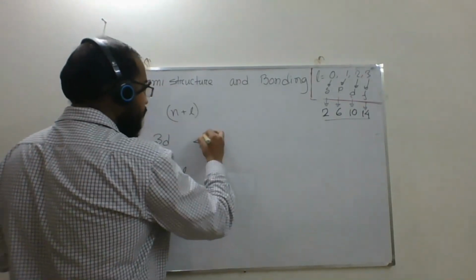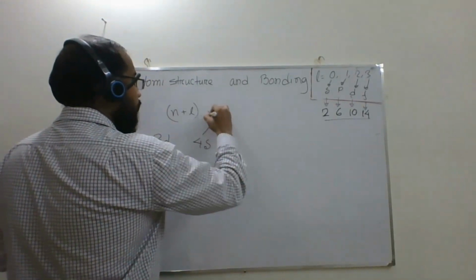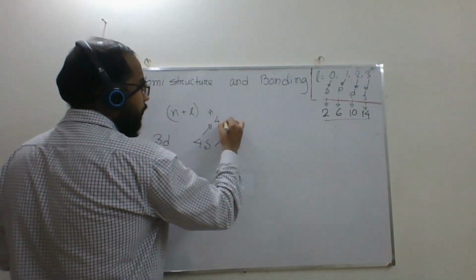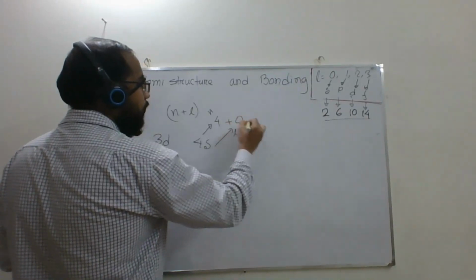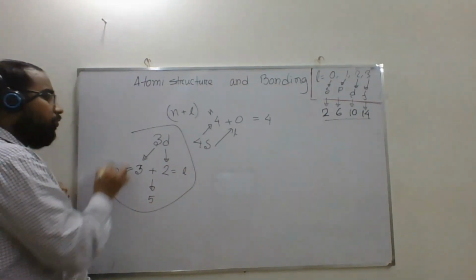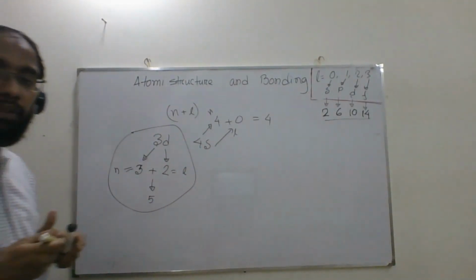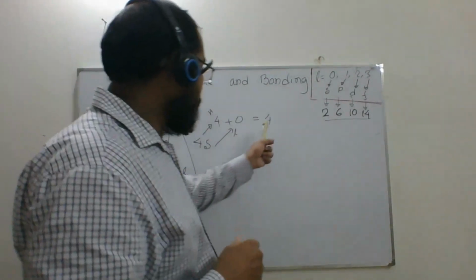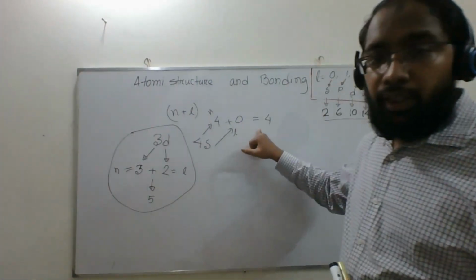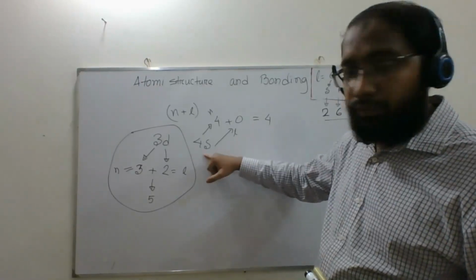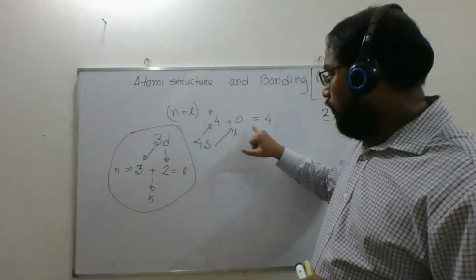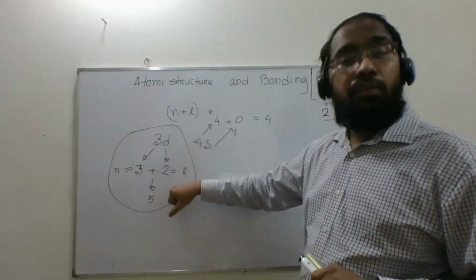For 4s, n equals 4 and l equals 0, that means 4. So though 3d is in the third energy level and 4s is in the fourth, the energy of 4s is lower than 3d. As a result, electrons go to 4s first, then to 3d.